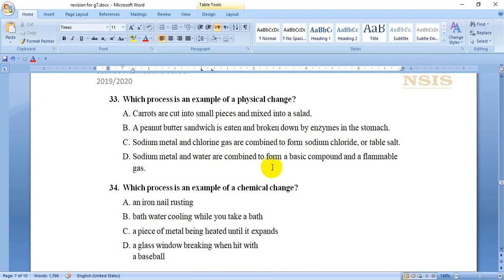Metal and water are combined to form a basic compound, and here also we have a new substance. So the only physical change here is that the carrots are cut into smaller pieces. When we cut the carrot, it will stay the same. It will not be a new substance. But in all the three other cases, the substance changes and new matter is formed.